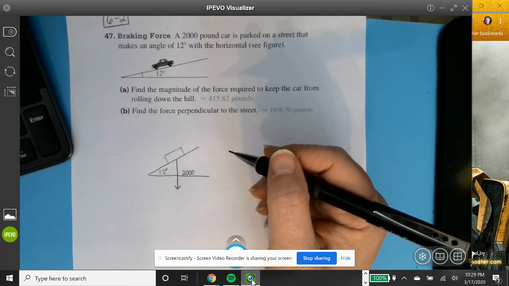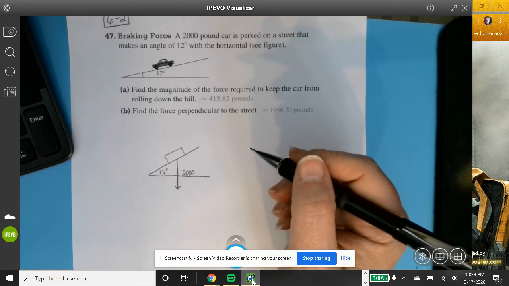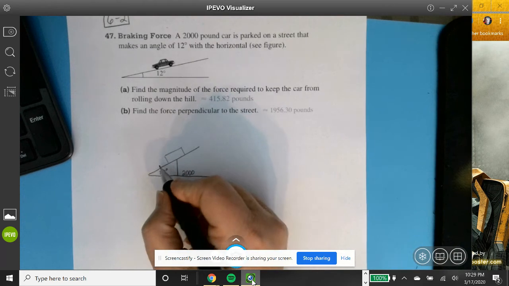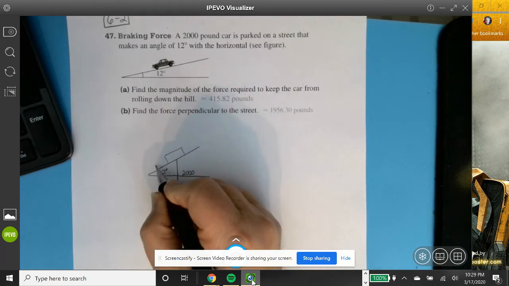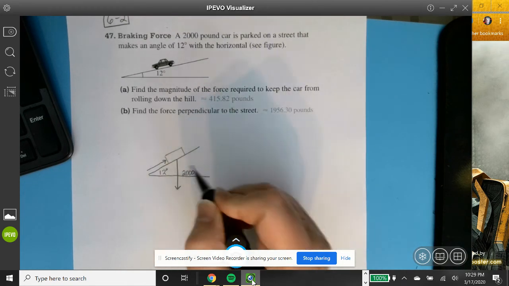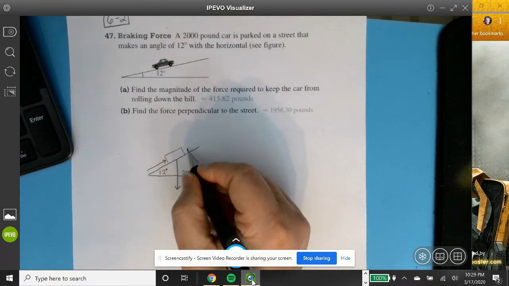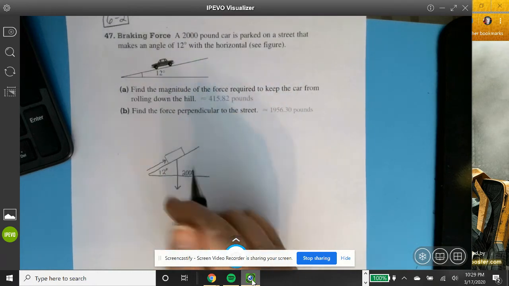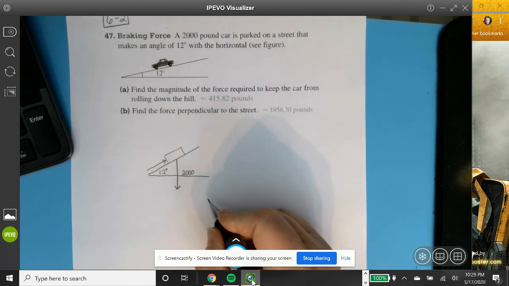Okay? Now, I'm going to have a force that's going to keep the car from rolling down the hill, which means I'm going to have a force coming out this way, because remember, vectors can be moved all over the place, that is holding the car in position or pulling the car in position. So I'm going to create a triangle using these two vectors, okay?